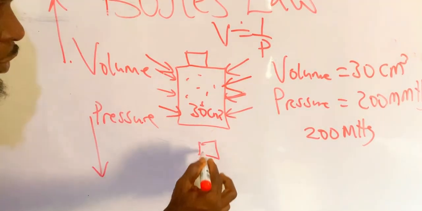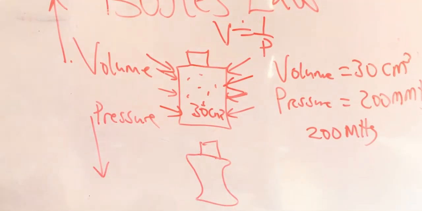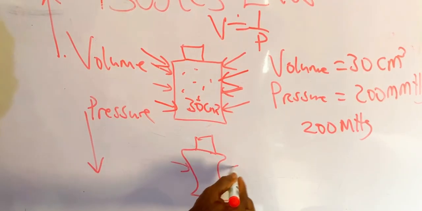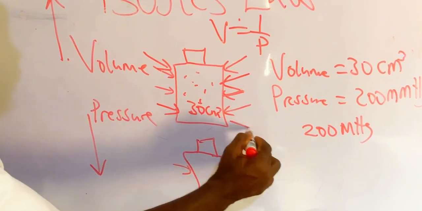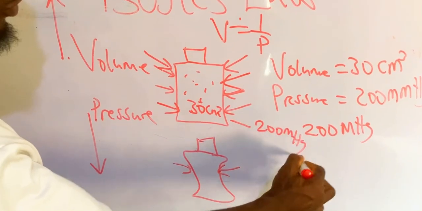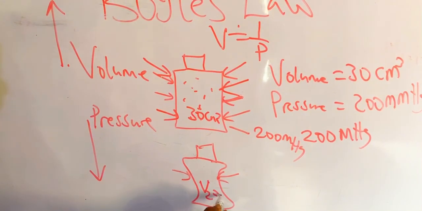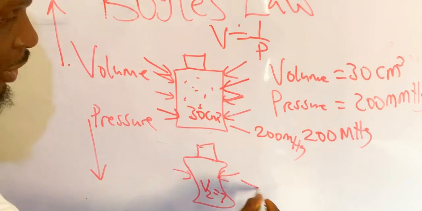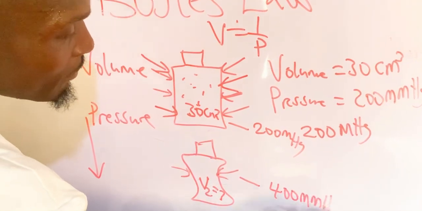Obviously, the container will shrink. So this was the volume when the pressure was 200 millimeter mercury. Now this is the volume 2 when the pressure is equal to 400 millimeter mercury.